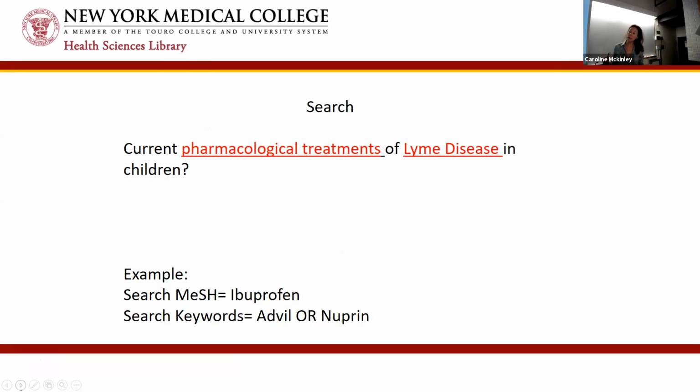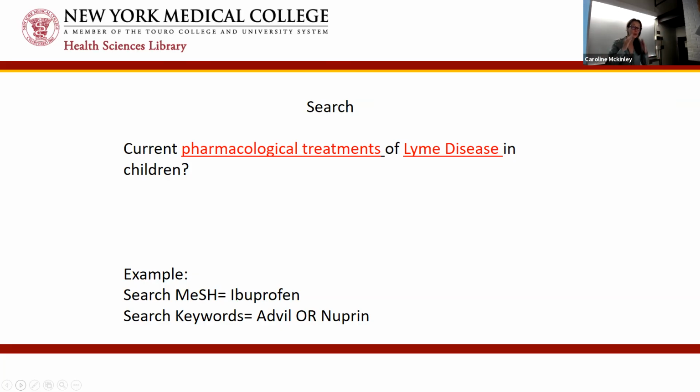I don't have children highlighted, even though that's technically a third concept, because when you're first starting out in PubMed, as well as Embase, not in Web of Science, on the left-hand side you'll see a filter for age group, which you can totally use. It's effective. Is it as effective as using keywords, children or teenager? PubMed might miss a few, but I just wanted to point out that you can do that.